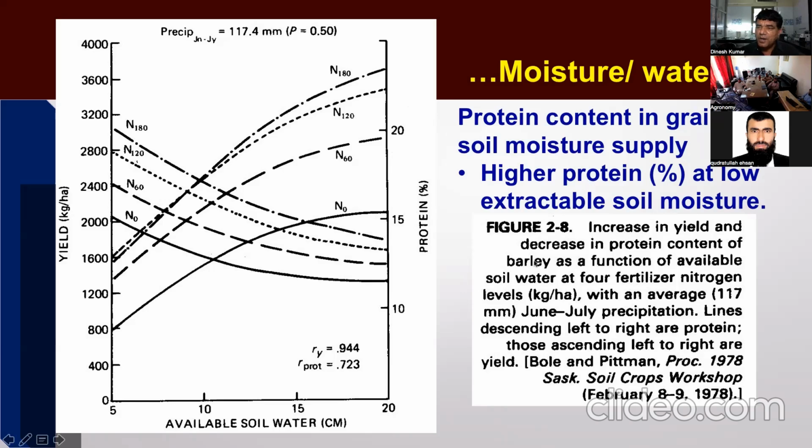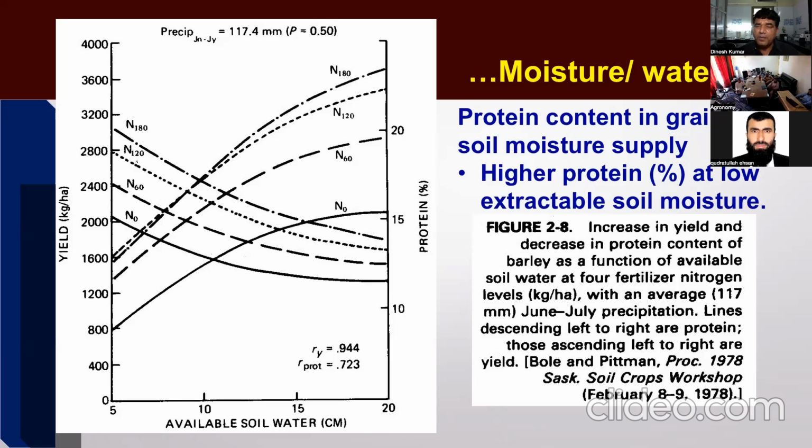Barley is grown in your country. So this is a barley crop. It shows the increase in yield and decrease in protein content of barley as a function of available soil water at 4 fertilizer nitrogen levels. Point number 1: the yield increases if you increase the nitrogen supply. Protein increases if you increase the nitrogen supply.